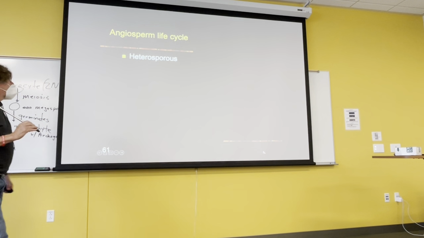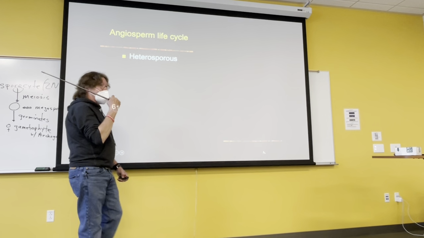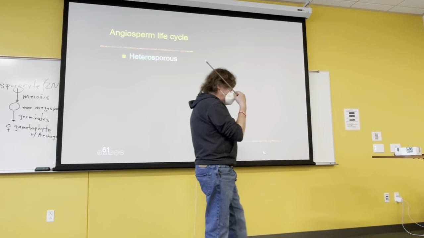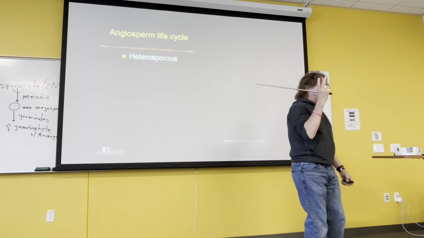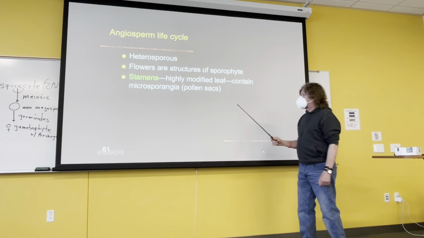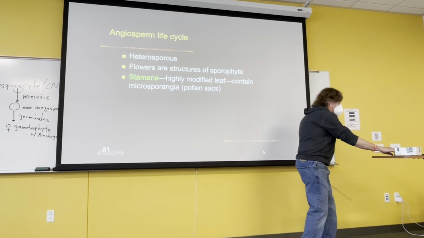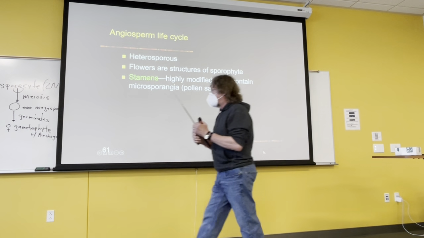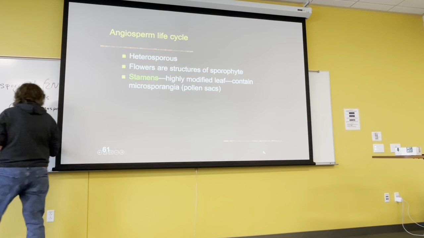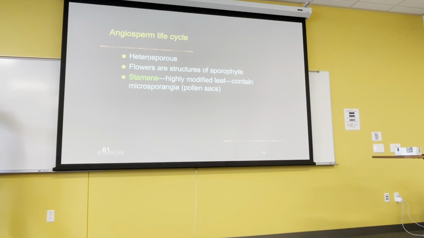All right, so the life cycle, we'll go over it. Heterosporous, just like in the conifers, meaning that we're looking at two different types of spores that get produced. The flower is a structure on the sporophyte, and it consists of a whorl of modified leaves, and there are three different whorls.